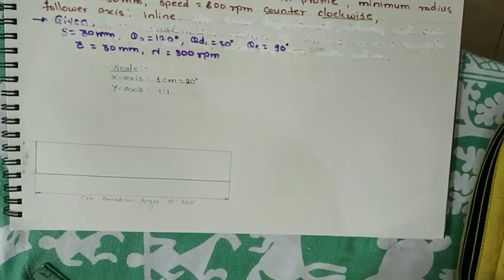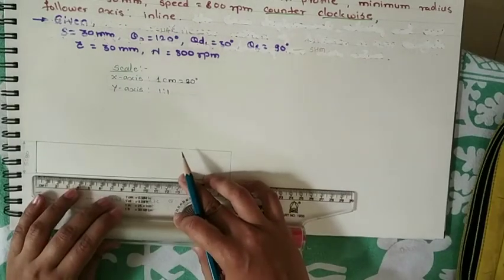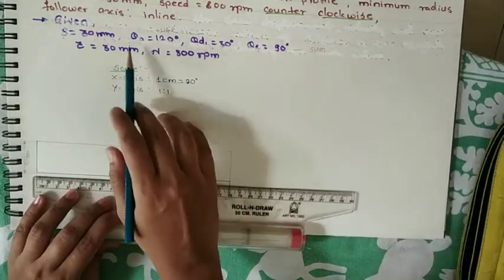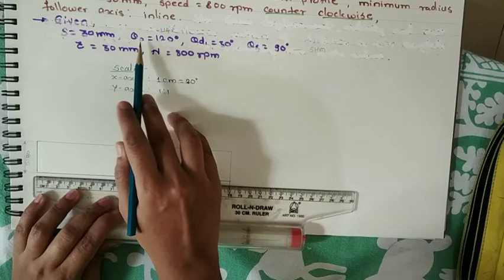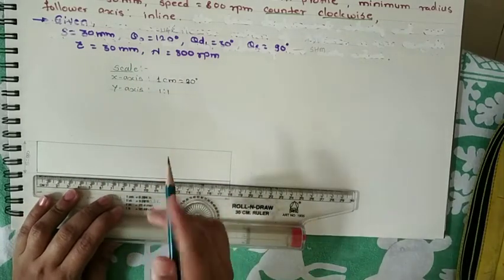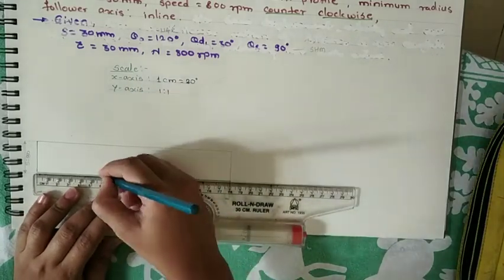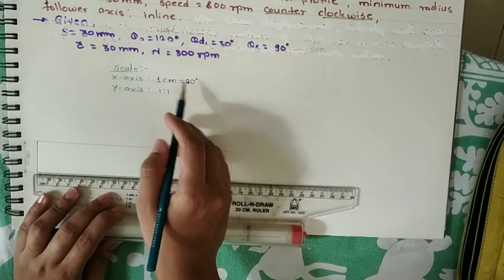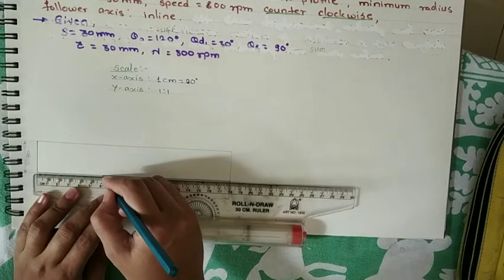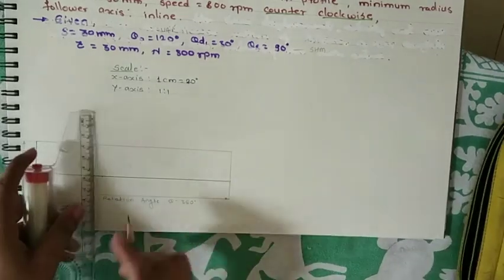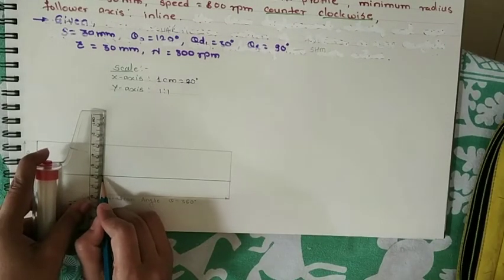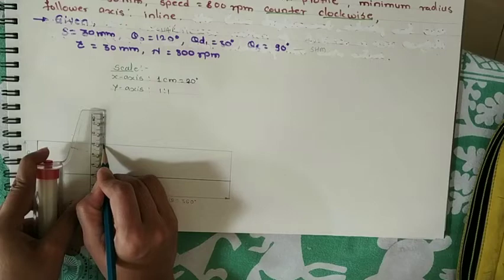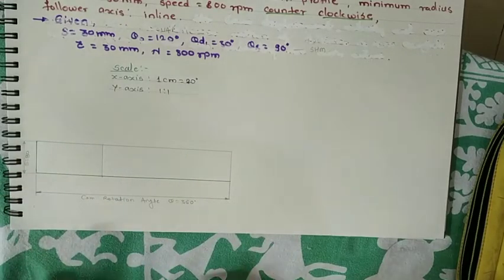After that, take the first angle, that is the outstroke angle, which is 120 degrees. Mark it on the x-axis. As we know, the scale is 20 degrees equal to 1 centimeter, so for 120 degrees it is 6 centimeters, and draw a vertical line in this block.